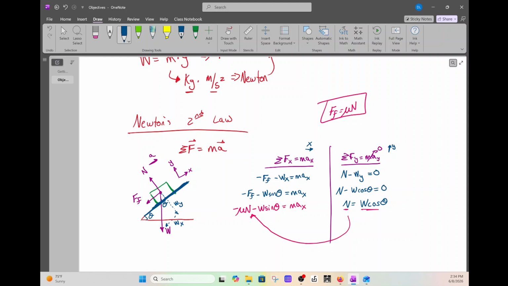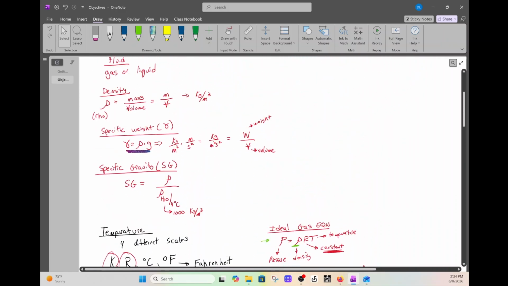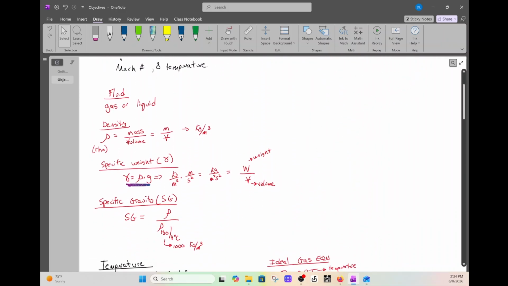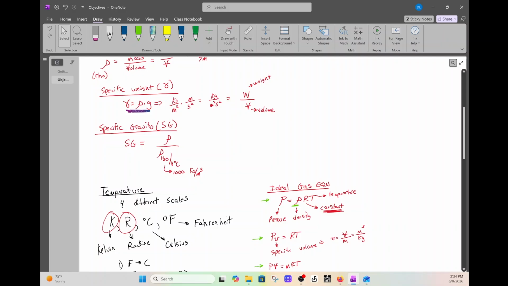So, let's review some of the basic concepts we're going to use. Understand fluid, it's a gas or a liquid. Density, which is mass over volume. Specific weight, which is gamma, that's the density times gravity.